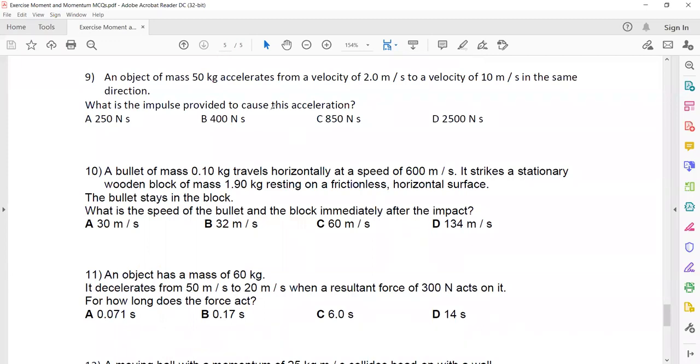In question 9, an object of mass 50 kilogram accelerated from a velocity of 2 meter per second to 10 meter per second. So this is the starting velocity, this is the final. What is the impulse provided? Impulse means change in momentum. Impulse has two formulas. One formula, impulse, I'm writing as I, is final momentum minus initial momentum.